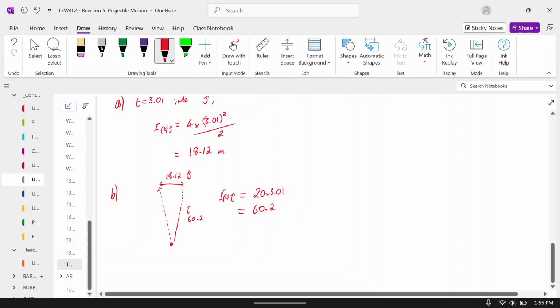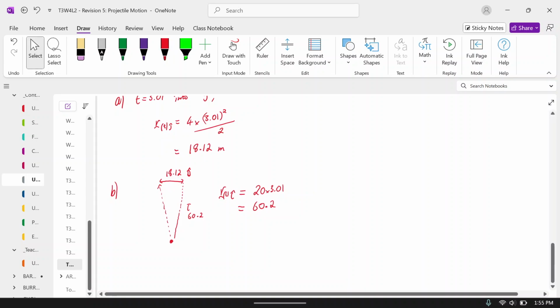Then the last thing I need to find my distance is the hypotenuse. It's just a vector now. So my distance is going to be the square root of my I component squared, which is 60, plus my J component squared, which is 18.